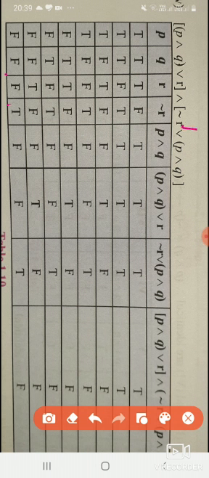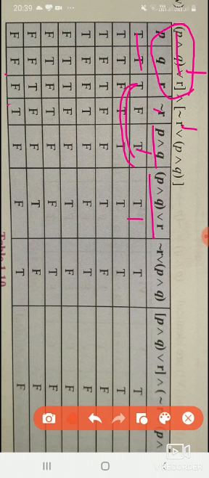Negation of R we need for the calculation, so we find out negation of R. Then first I am seeing this one, P and Q. Using P and Q we will find this out. Then with R we use this. It is going to come.